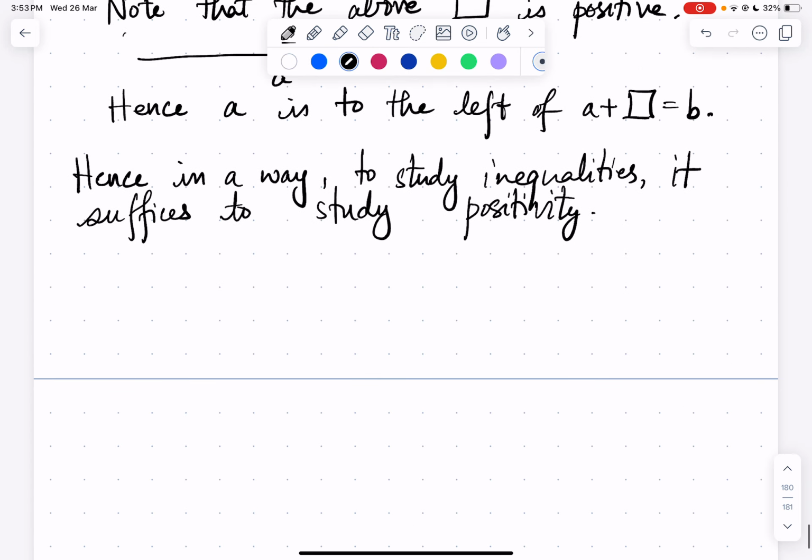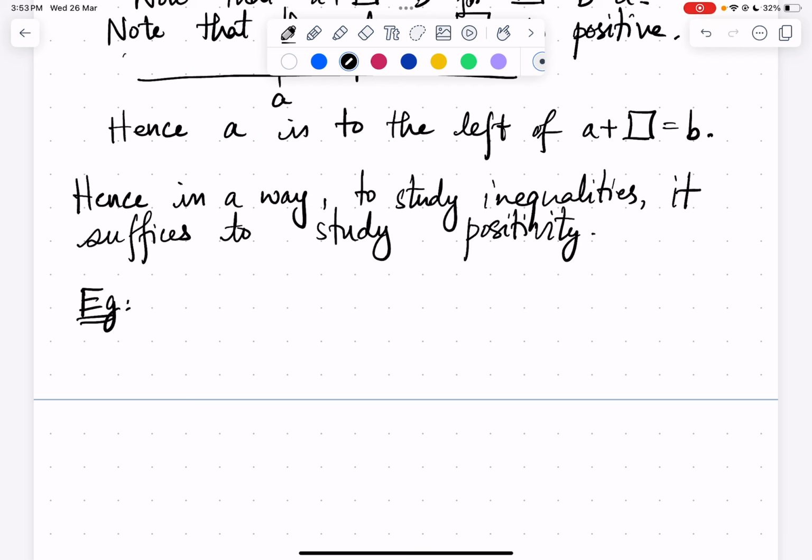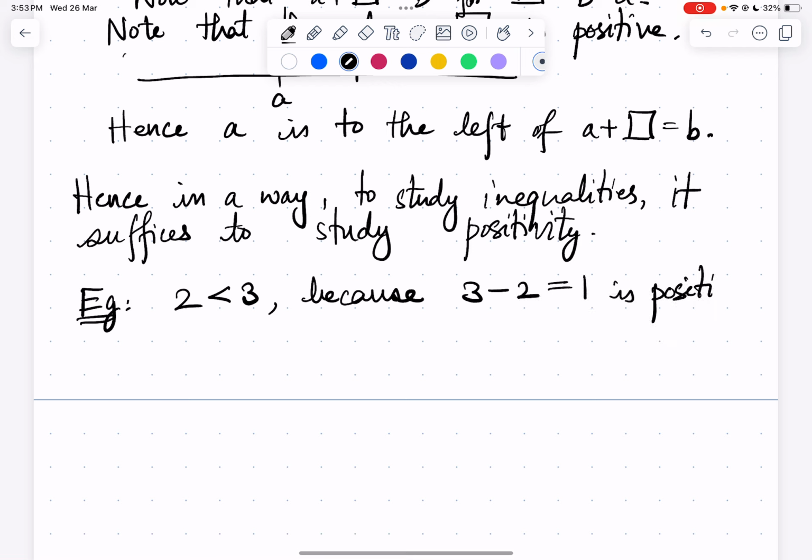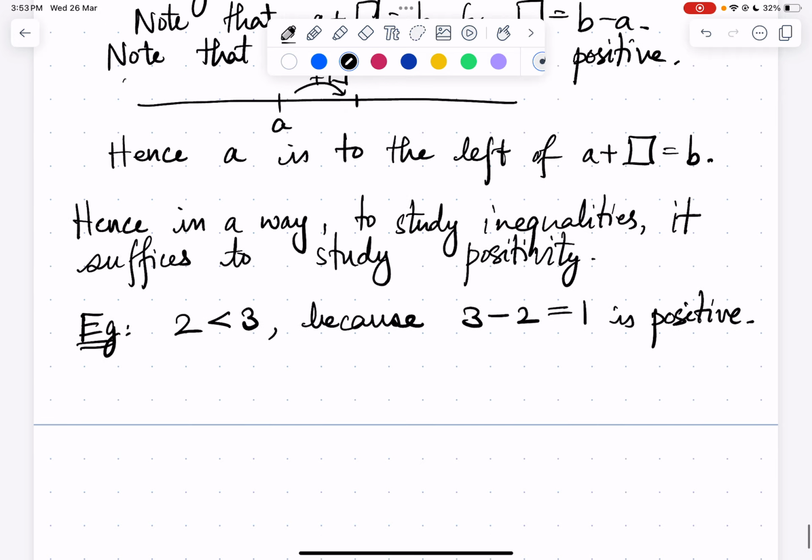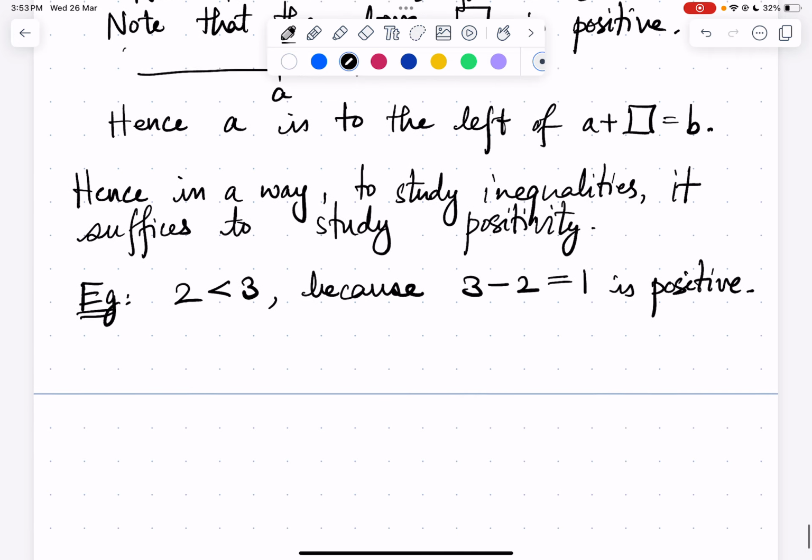So in a way, to study inequalities, it suffices to study positivity. Okay, here's an example, by the way. So for example, 2 is less than 3 because 3 minus 2 equals 1 is positive. So this is one example of using this property. Okay, in a way it suffices to study positivity.